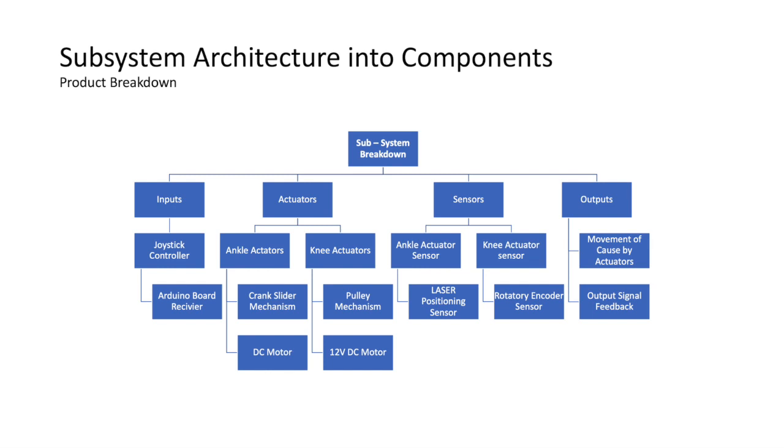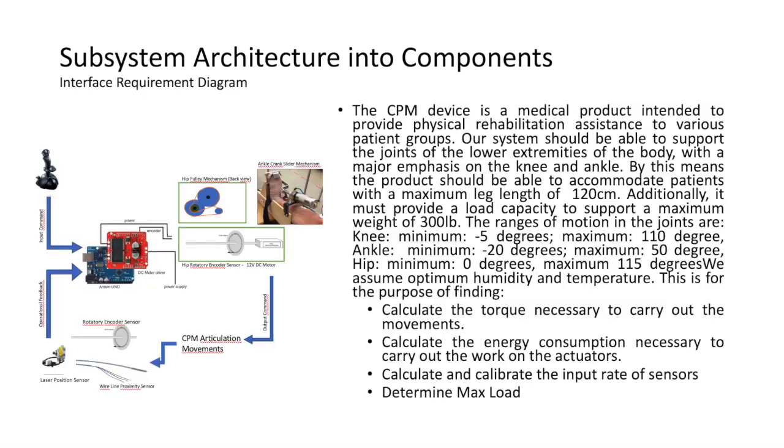Now, our device and subsystems are intended to facilitate access to rehabilitation throughout the CPM machine. We define a CPM device as a medical product intended to provide physical rehabilitation assistance to various patient groups.